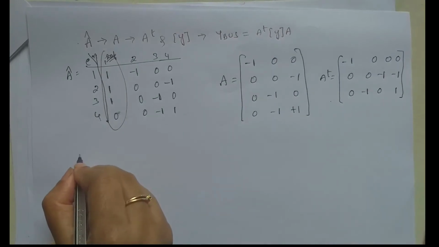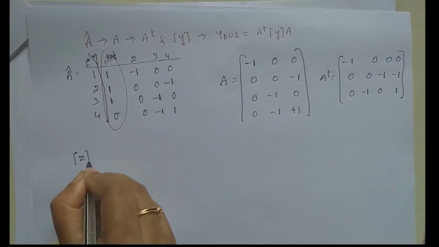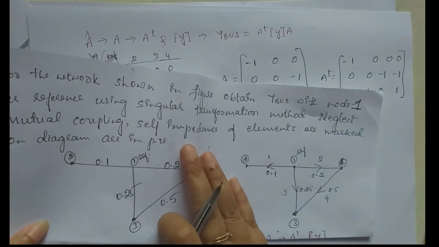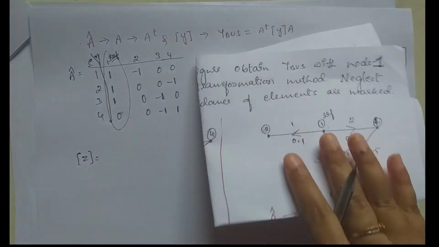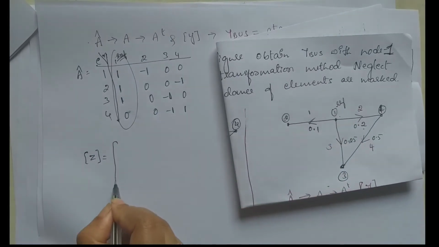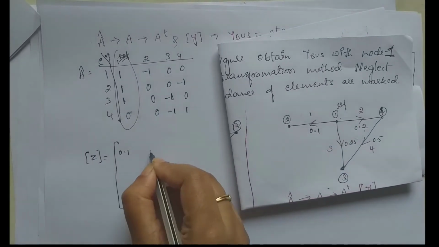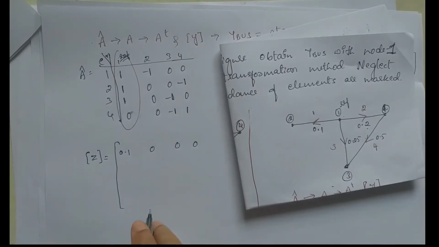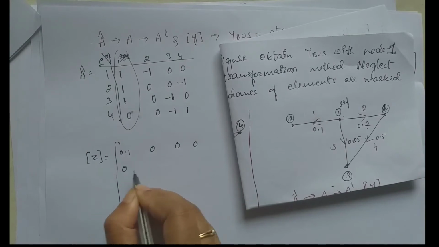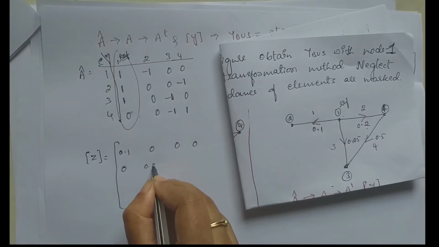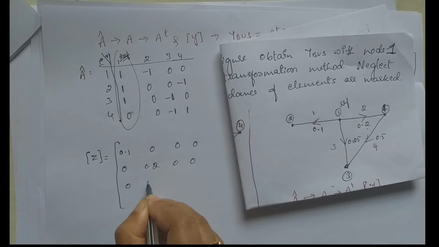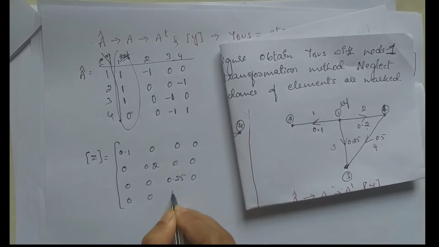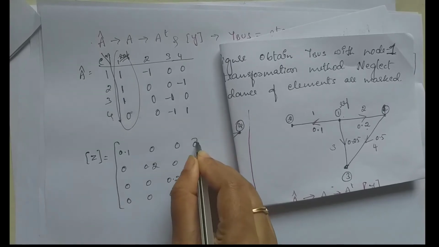Now we have to form matrix Z, and from this matrix we have to form Y, because it is given that the self-impedances of the elements are marked on the diagram. Z is 0.1, 0, 0, because it is a self-impedance matrix, then 0, 0.2, 0, 0, 0, 0, 0.25, 0, 0, 0, 0, 0.5.